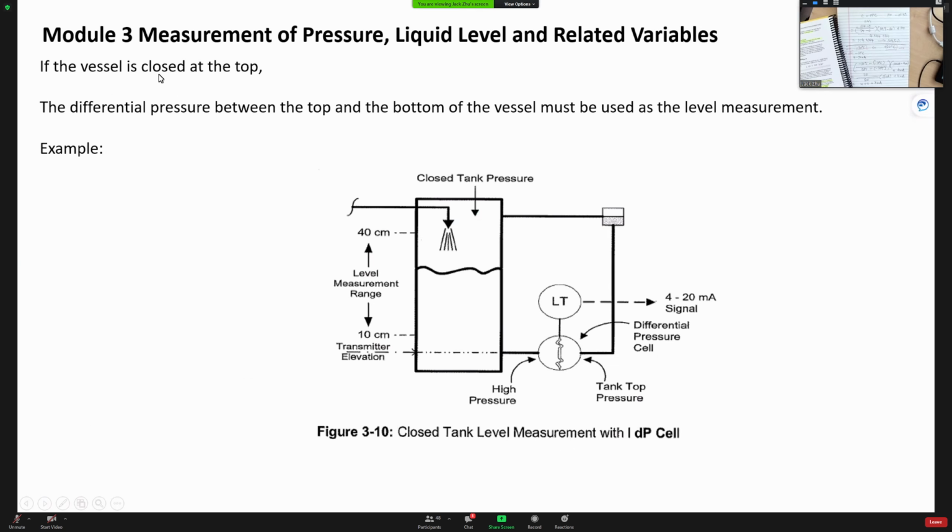If you have a closed container, the pressure on top might be different from the air pressure. So this time you need to put another sensor down here. This pressure sensor measures the pressure on top of the tank, and this one measures the pressure at the bottom of the tank. So this time, instead of using the air pressure, you use the difference between these two pressures to calibrate for the liquid level inside the tank.